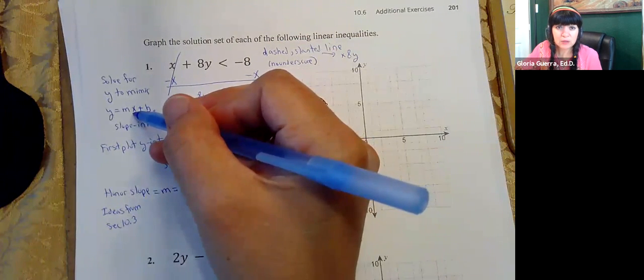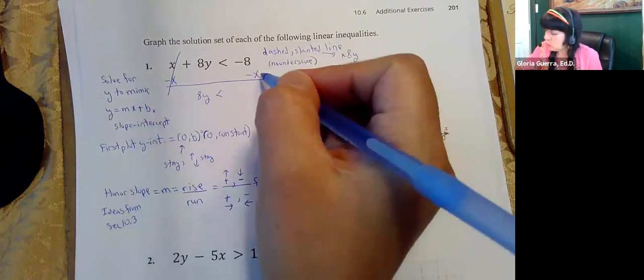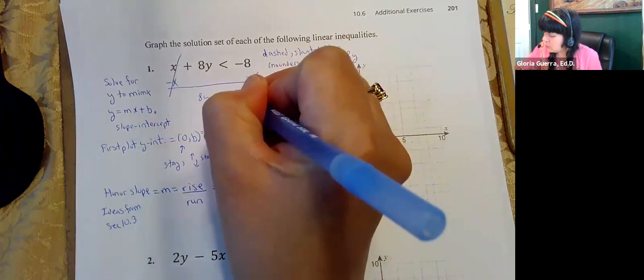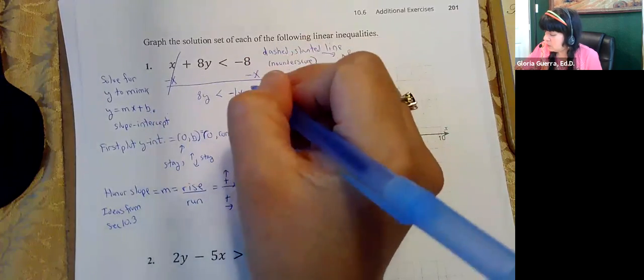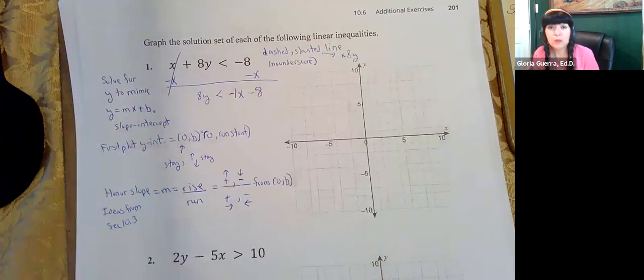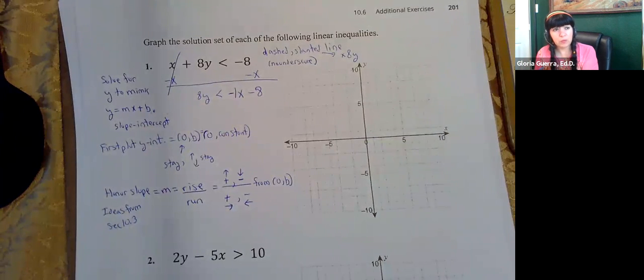Notice how they put the slope first. You should put your slope first, which is a negative 1x. And then you should put your constant, b, which is a negative 8. Now, the book usually doesn't write 1 anywhere because it's so trivial, but for what we're doing, we do write the 1, the negative 1, the imaginary 1. We will write it to help us graph.